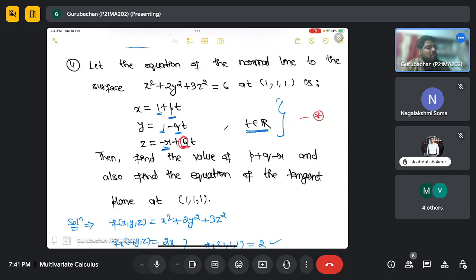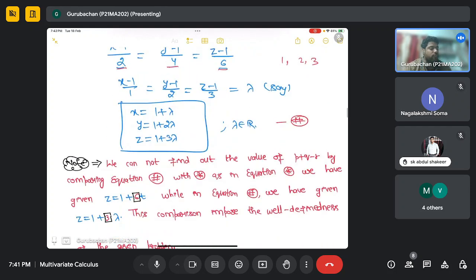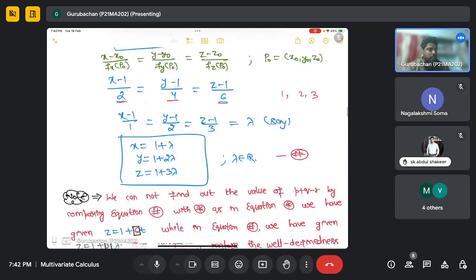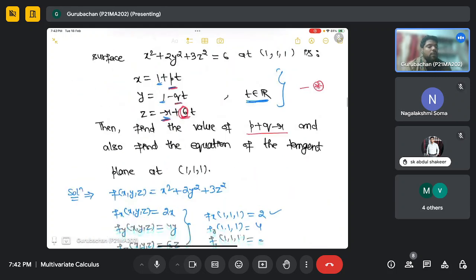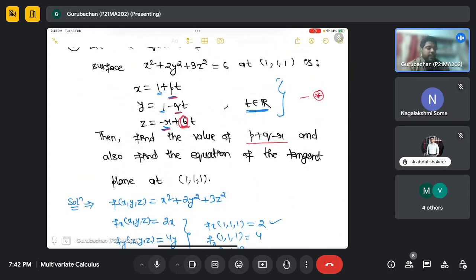After that we will calculate P, Q and R, then we calculate the value P plus Q minus R. If we take 1, 2, 3, then here it will come 3, so you cannot compare this with the above equation. The above problem is well defined in the way we have given here 6.